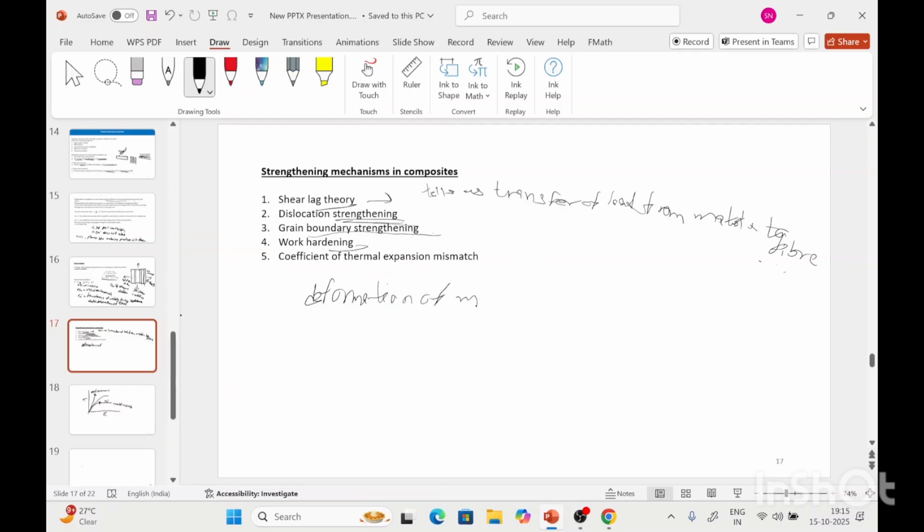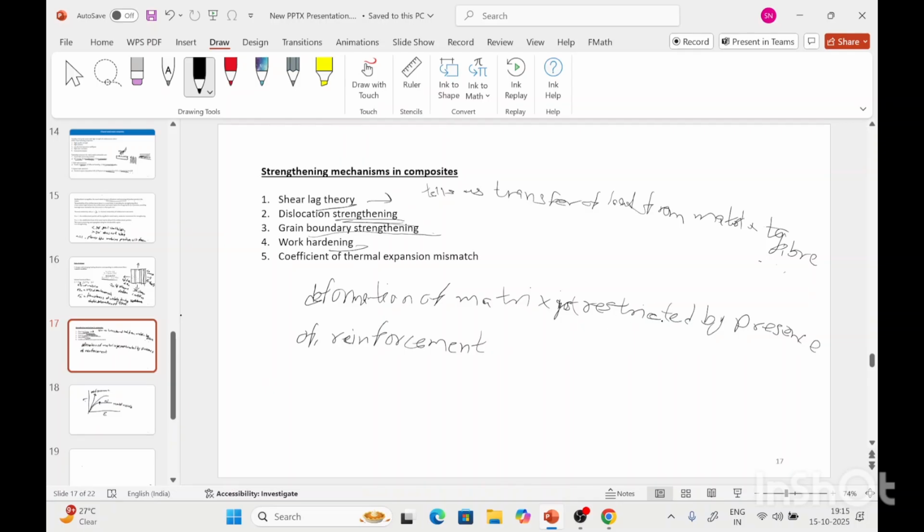In work hardening, the deformation of the matrix is restricted by the presence of the reinforcement.